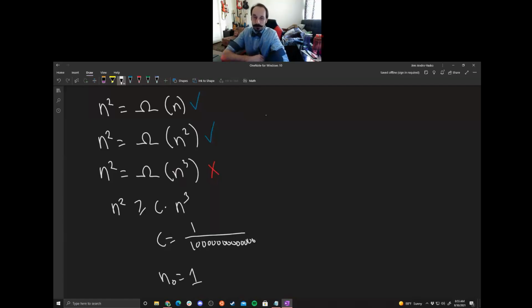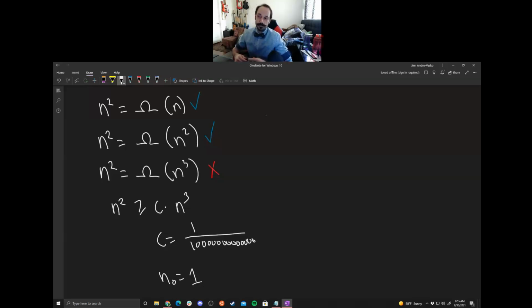Doesn't matter how small the constant is, n cubed will eventually pass n squared, so n squared is not going to be bigger than n cubed for all possible n's, from 1 to a very large value. n will start from 1 and grow to infinity, but n cubed will eventually pass any n squared function.